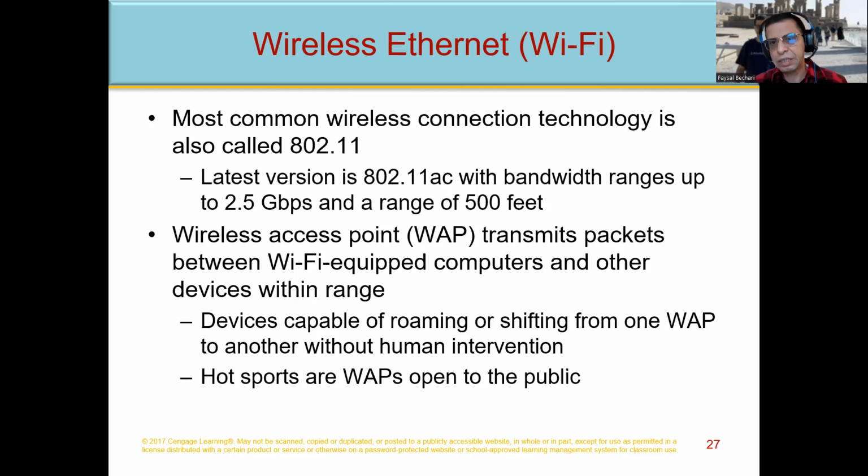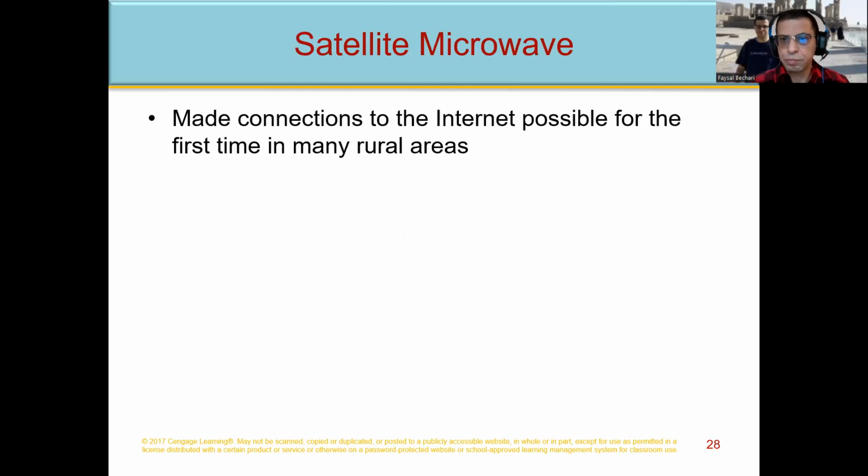The device is capable of roaming and shifting from one WAP to another WAP, because if you don't have that shift, which also applies to the towers of telephone, then you get cut off. And there's always a hotspot or WAP open to the public, so you can move from one WAP to another smoothly. And then we have what you call satellite microwave.